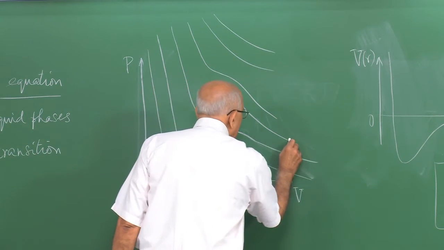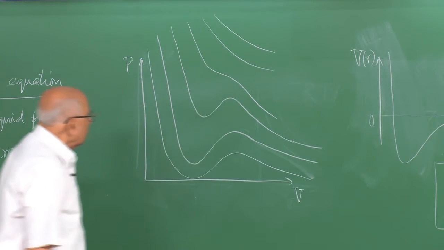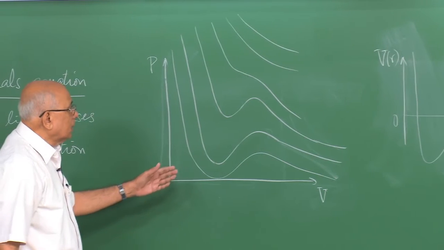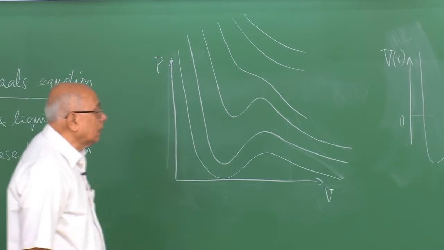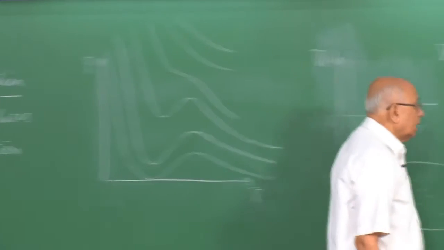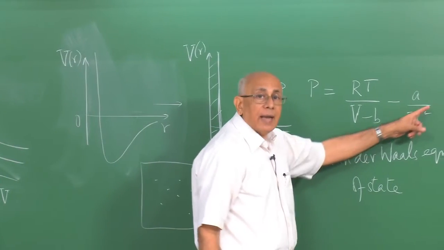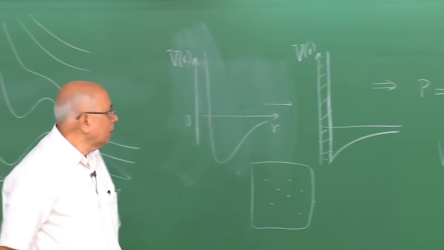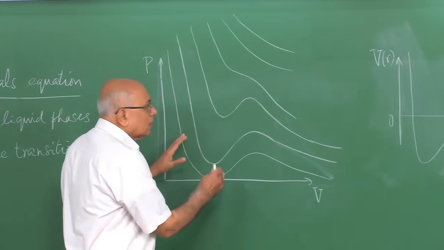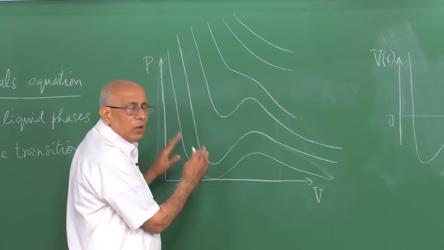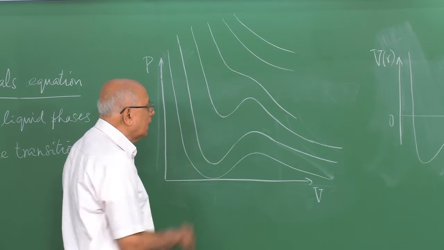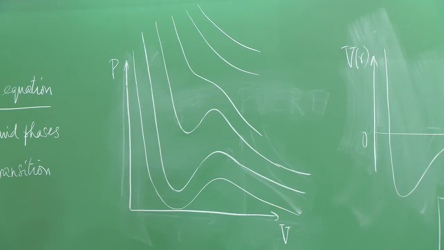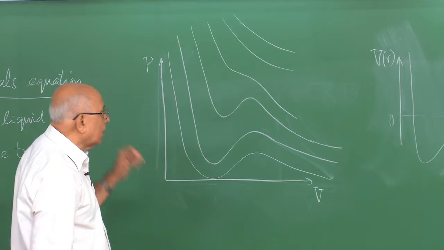This is very sketchy, but one could try to fit curves of this kind to real gas equations and extract the values of the parameters A and B. When you do that, you get a curve which looks overall in this shape, but it does not look quite like this. For ease of drawing, I have drawn it very schematically.